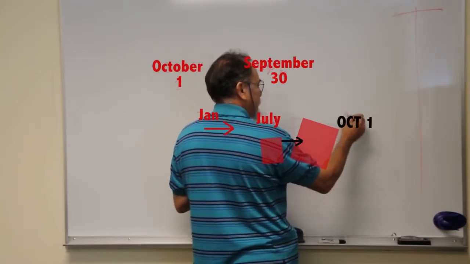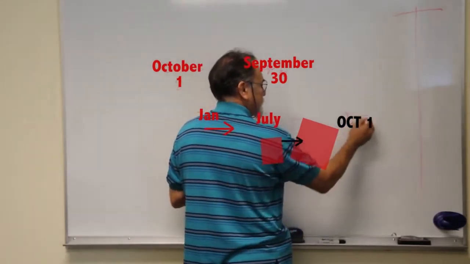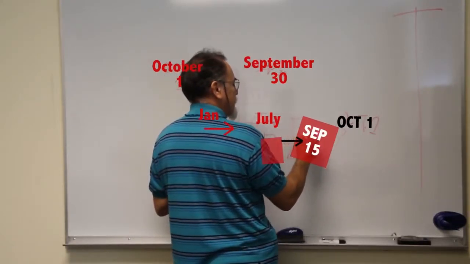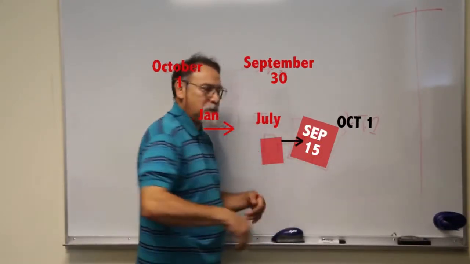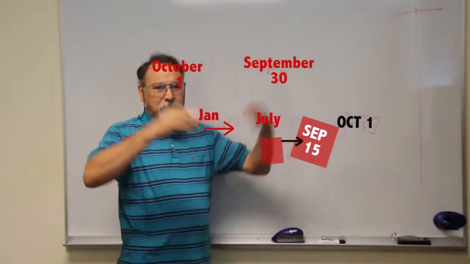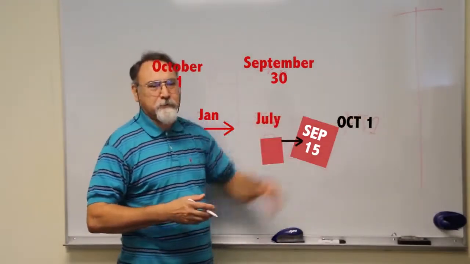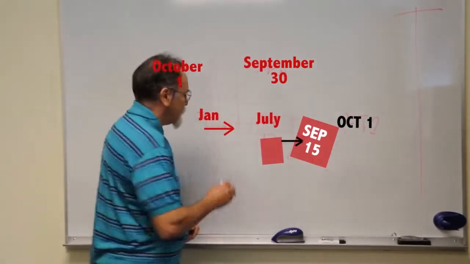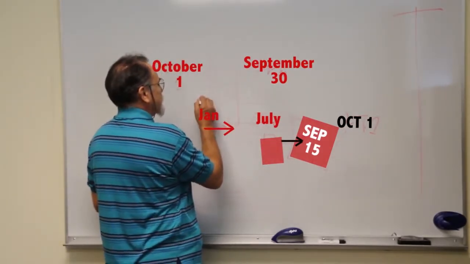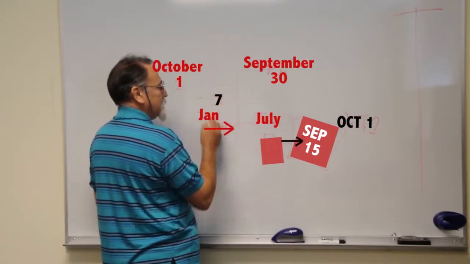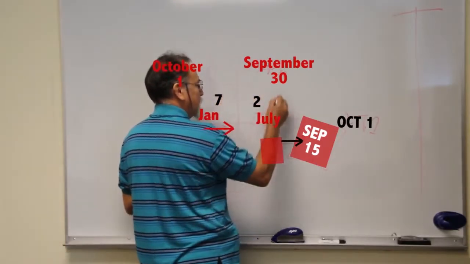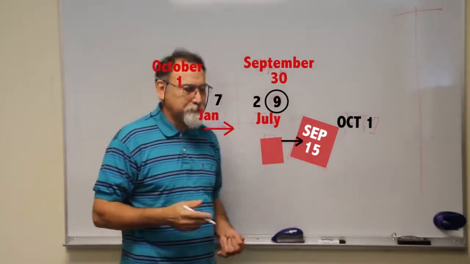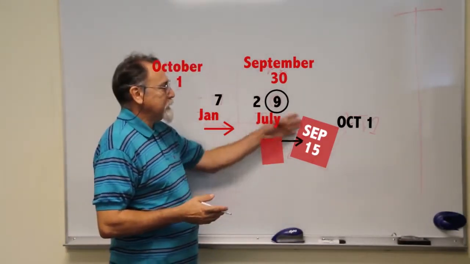Since the business year begins October 1, you want to have everything in place somewhere around September 15th, because you have to implement it and initialize everything so you can run it for the first pay period come October 1. So you work from January to July, 7 months, and then it takes another 2 months, so you have 9 months of work by the time you get to August and September. And then it's going to be implemented.